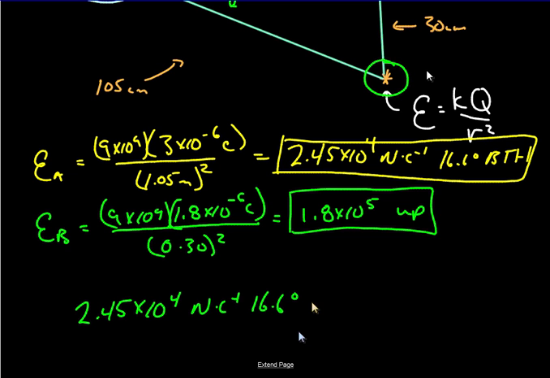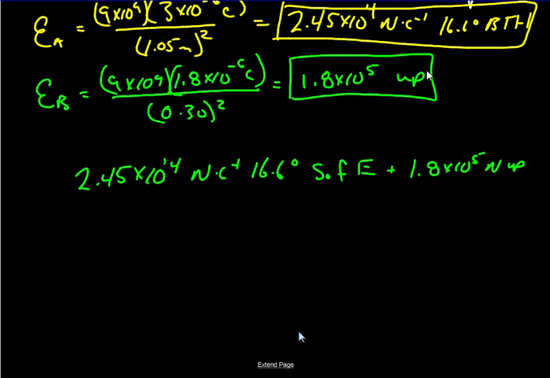16.6 degrees. You know, I might actually just change it to directional help, south of east. Okay, plus 1.8 times 10 to the 5 newtons up. Okay, so let's draw that.